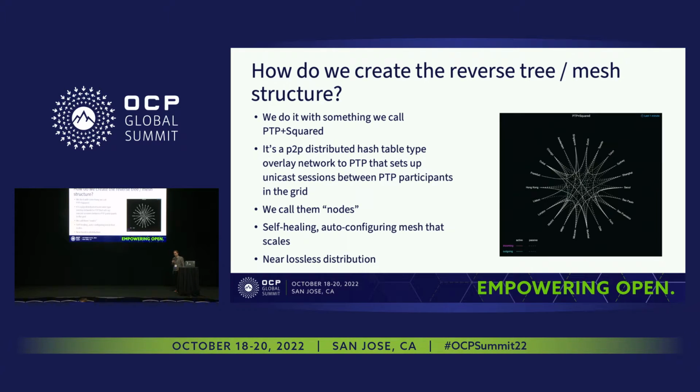So it's nice and secure. And it automatically sets up unicast sessions amongst the grid. We call them grid nodes, obviously, and then we have root nodes, which inject UTC into that environment. That allows for a self-healing and auto-configuring mesh based on real-world network parameters.